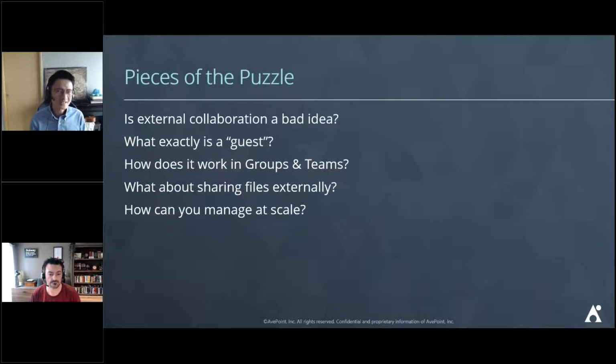How does it work in Teams and Groups? And what about SharePoint and OneDrive? We're going to talk about the differences and the connections between these services as well. And last but not least, how can you manage this at scale? Because M365 is meant to enable collaboration at scale, but how do we manage it? All right, without further ado, let's move in.